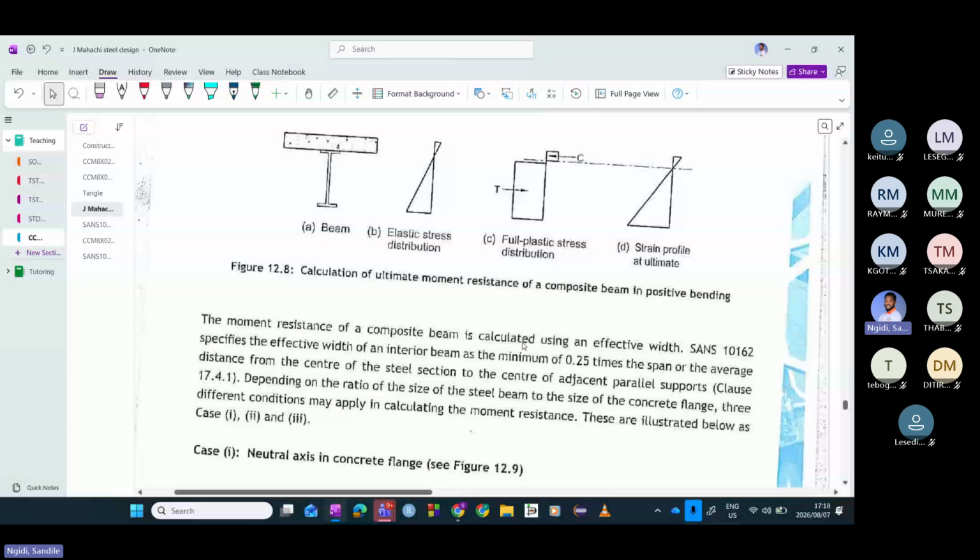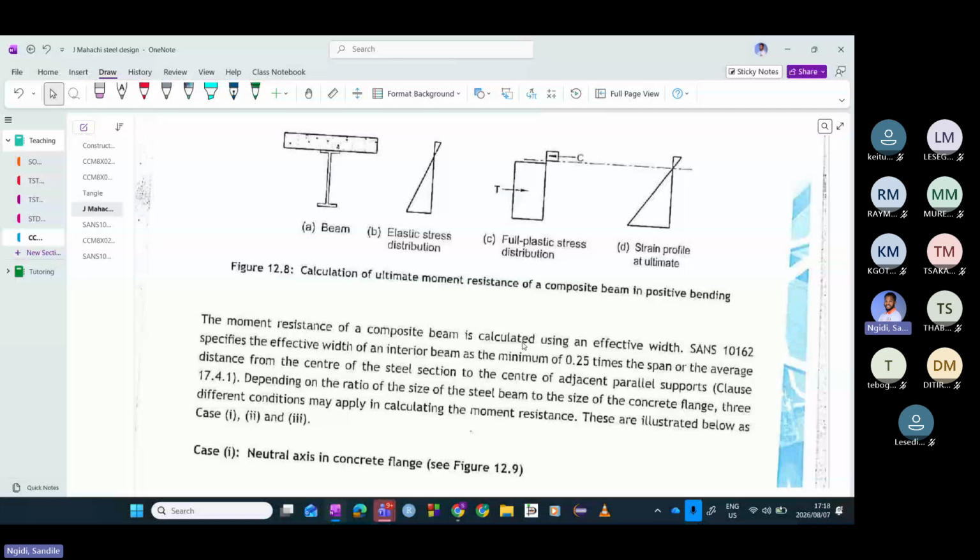And for us to understand this effective width, we need to go to SANS 10162, clause 17.4.1. Maybe I can give you a second to also go to that clause. SANS 10162, clause 17.4.1. If you go there, it says design effective width of concrete.